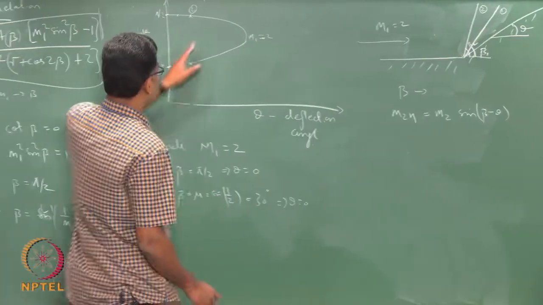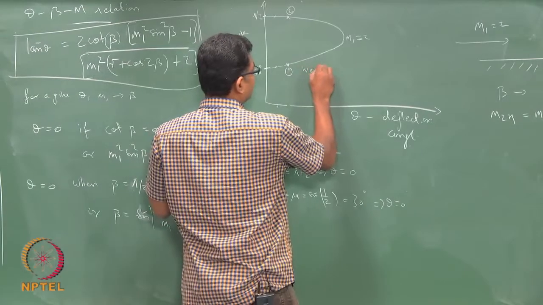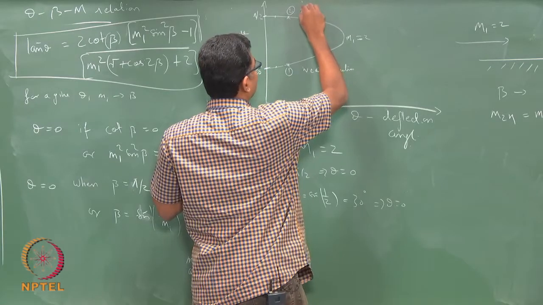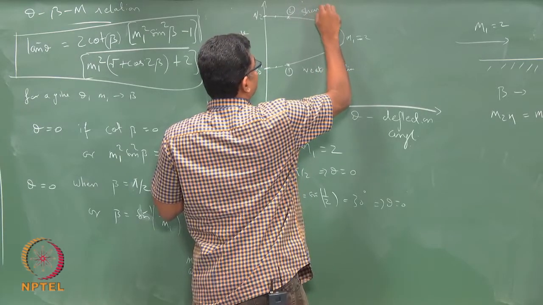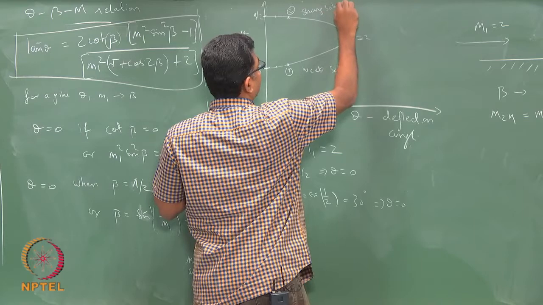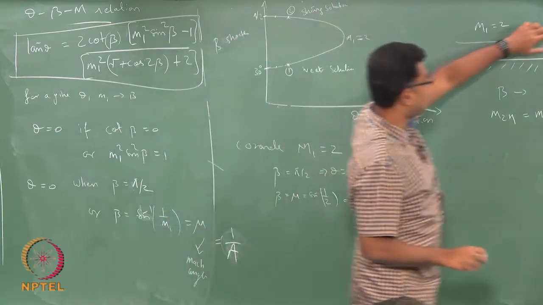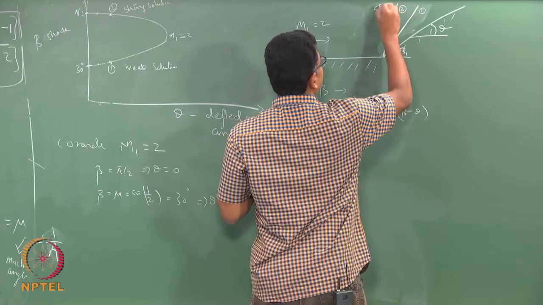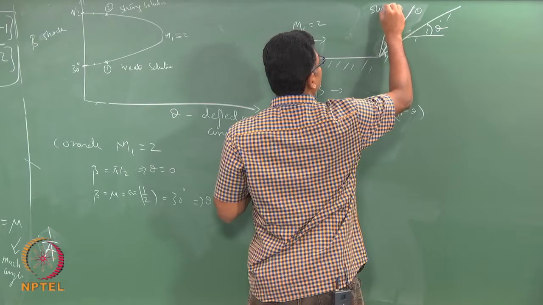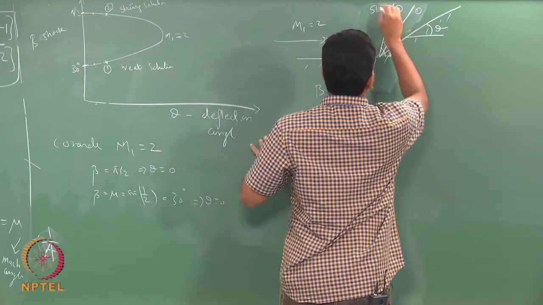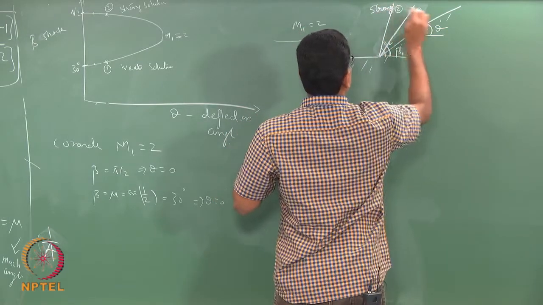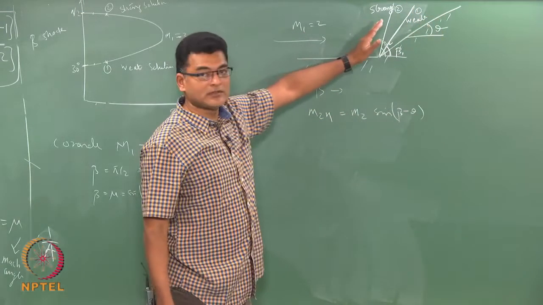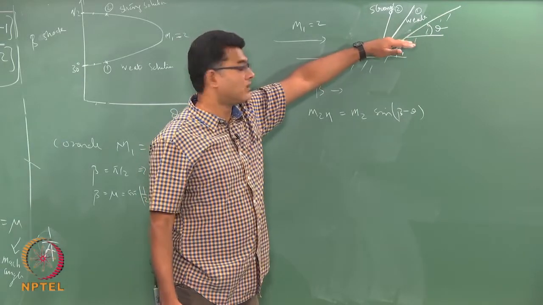Okay. So, this particular one is called the weak solution, this is called the strong solution or strong shock. So, this is my strong shock, this is my weak shock. In a strong shock, the Mach number after the shock is less than 1.